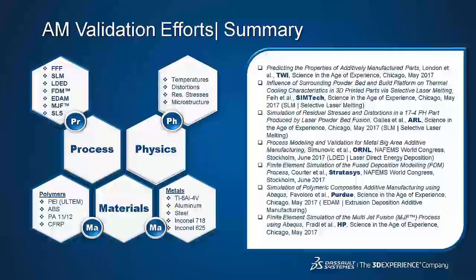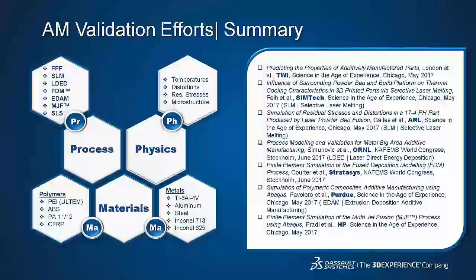Here's a selected list of the papers that were published last year in the NAFEMS World Conference and the Science in the Age of Experience Conference last year. In addition, additional validation work will be published in this year's Science in the Age of Experience AM Symposium.